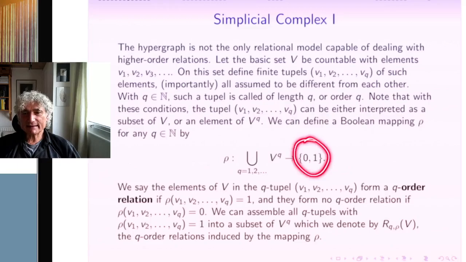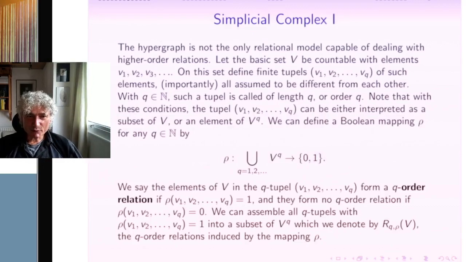This is just saying either this relationship exists or does not exist. So if rho would map into 0, then there would be no such relationship. If it would map to 1, then there would be such a relationship. So this is a kind of Boolean approach. So the elements of V to the power Q will be these Q tuples, which you have defined here.